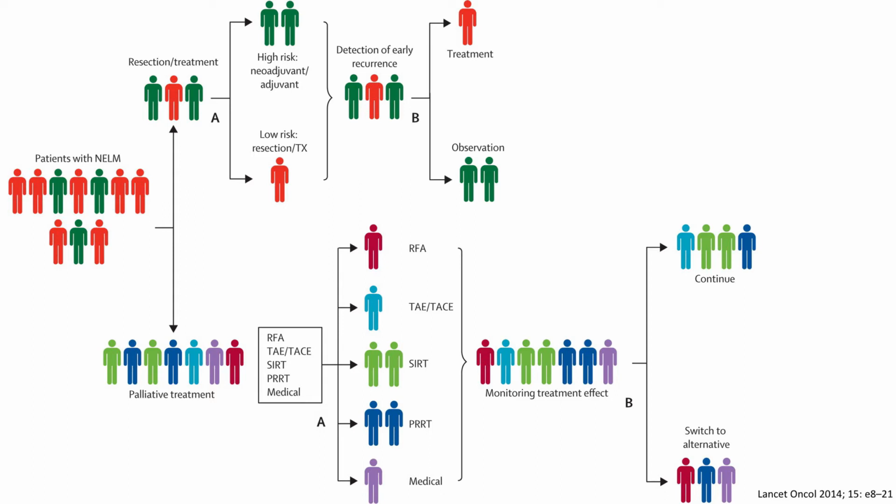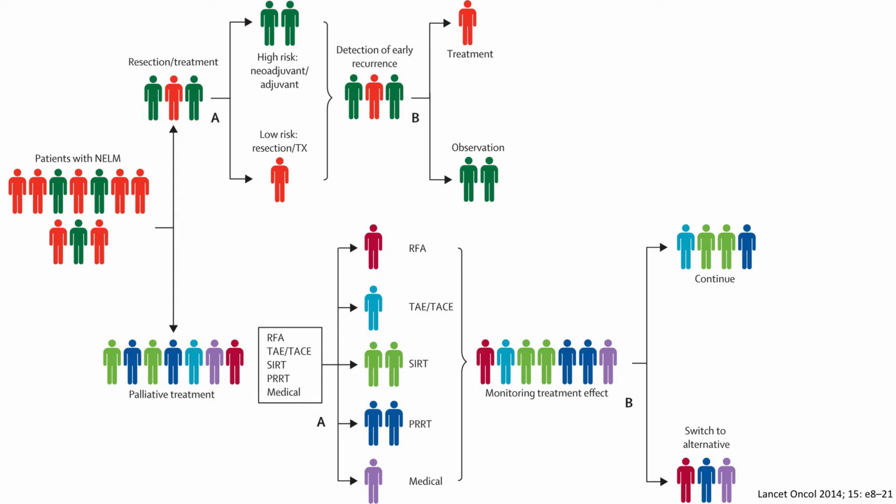Even though they may not be able to be resected, they may still benefit from a range of liver-focused interventions, such as ablation, transarterial embolization, that's the TAE. If we put chemo in it, we make it TACE. If we use radioactive beads, it's called SIRT, or, as we'll come to later, a radioactive compound that goes everywhere, or the little purple person who's not very well featured, which is medical, which is where I work.